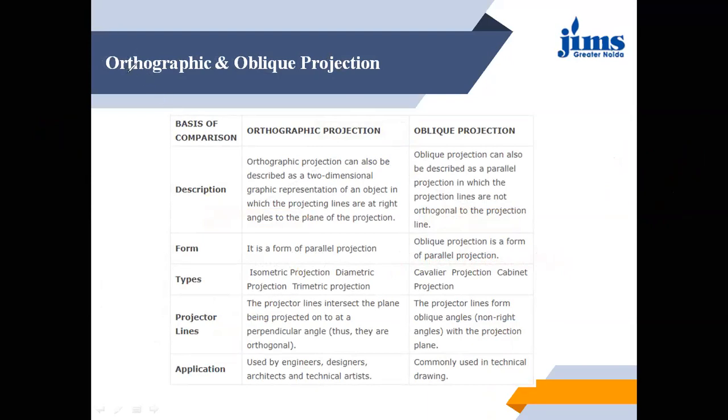We can divide these into different parts also. We can classify orthographic and oblique into subparts also. First, we will try to understand the difference between these two in detail, as this question is really most important for exam purposes.